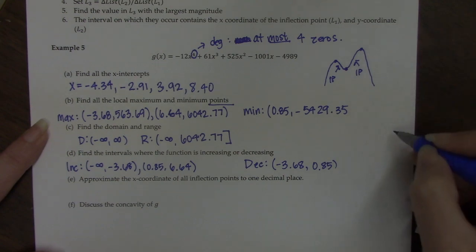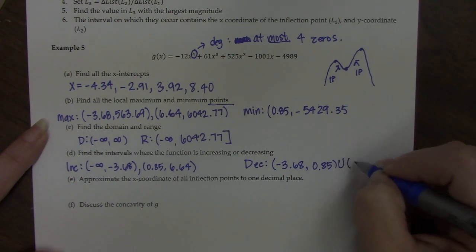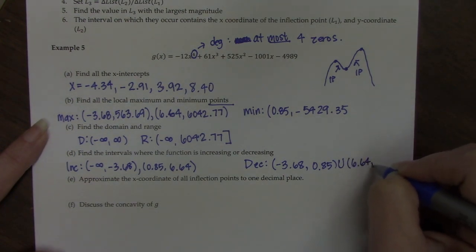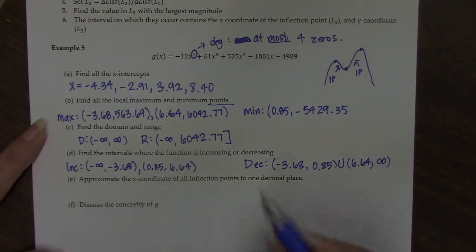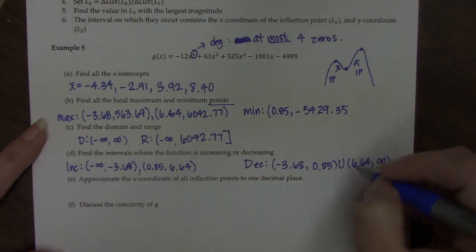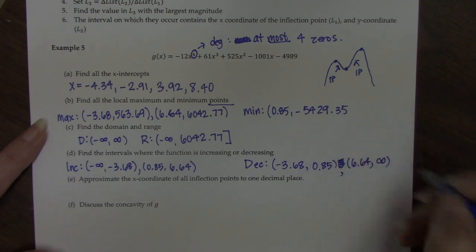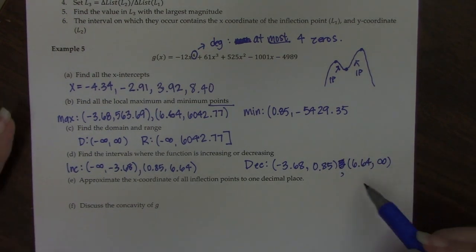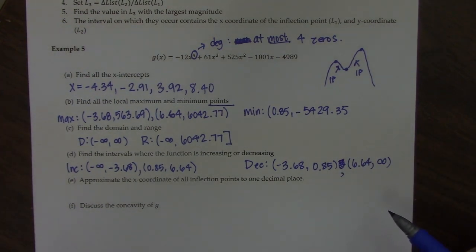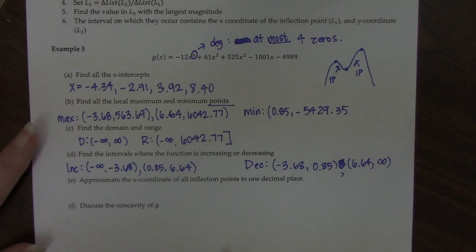Then from that point all the way to infinity, it's decreasing again. So this little symbol isn't really necessary in y'all's class. It's called union. We usually use it in between intervals, but I've seen in the past where you can just get away with parentheses is fine.